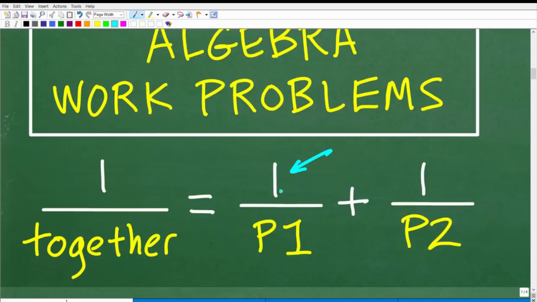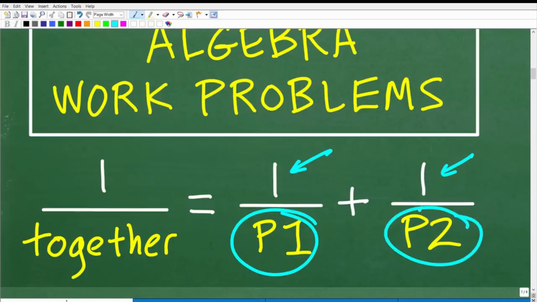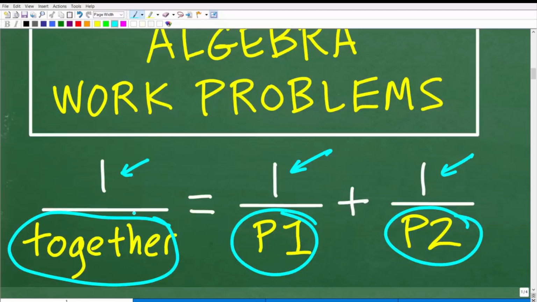For example, Dan can complete one job of digging a hole in X amount of time, and John can complete one job of digging a hole in this amount of time. You want to think in those terms, and together they'll be able to complete one job in this amount of time. If you're still confused, hopefully you won't be much longer, because we're going to get into the actual algebra right now. But again, you need to understand the formula.